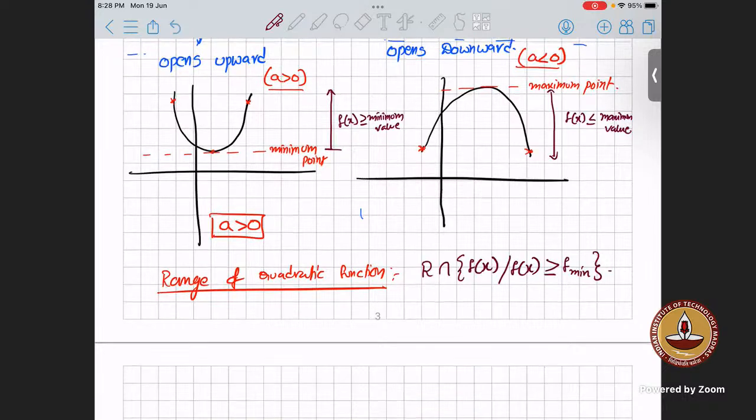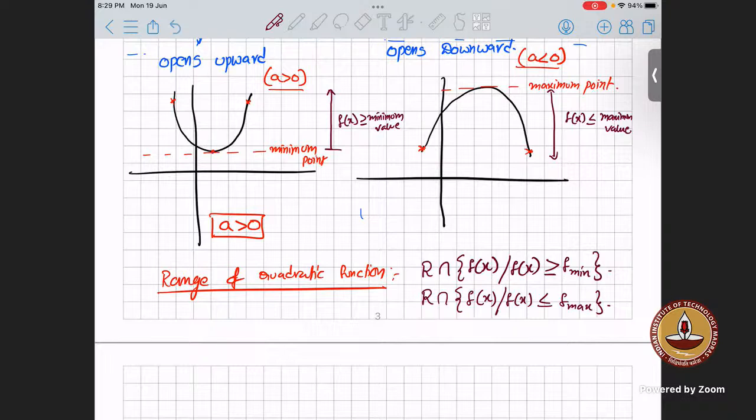The values of f of x such that f of x is greater than or equal to f of minimum, or we remove from real numbers and f of x must be less than or equal to f of max. Agree? Should I explain this again? I will explain again. We are just removing from real numbers.